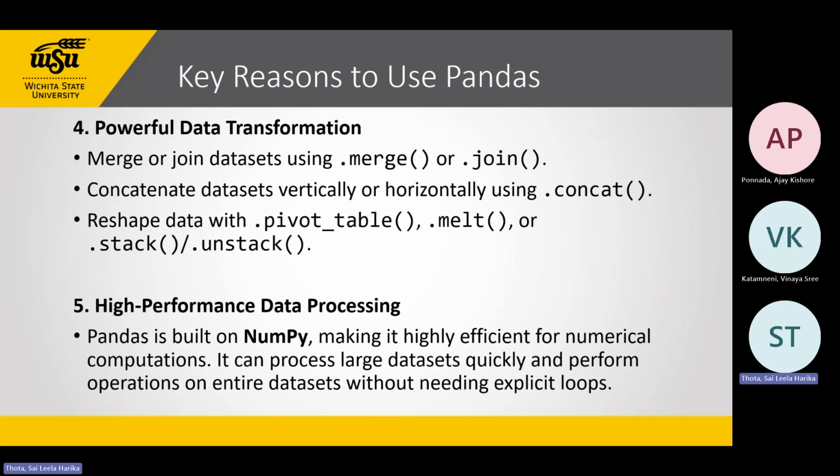If you have two data sets, you can simply apply merge and join methods. And concatenation is nothing but adding. If you want to add anything vertically or horizontally, you can use this method. And you can reshape the data by using pivot tables, melt, stack, and unstack. So I give the code here.